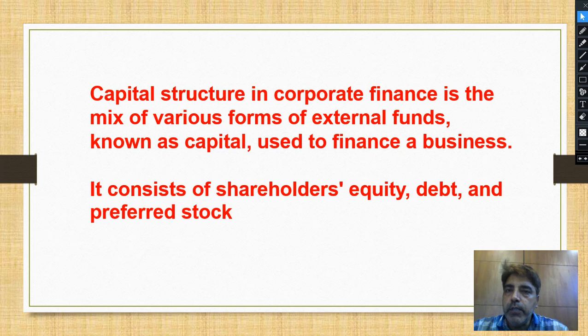The first thing is let me define what exactly is the meaning of the capital structure. See, students, capital structure in corporate finance is a mix of various forms of external funds, commonly known as capital, used to finance the business of any firm. What does it consist of?